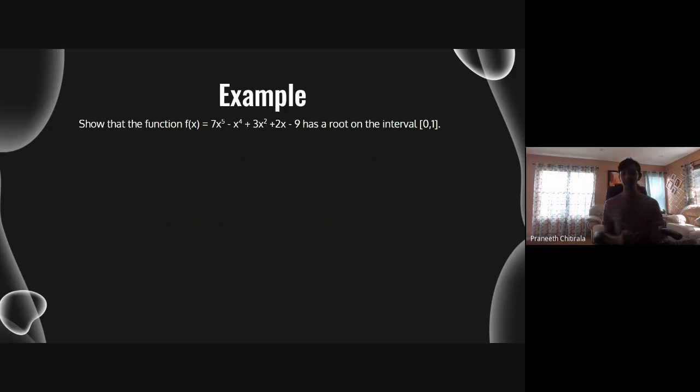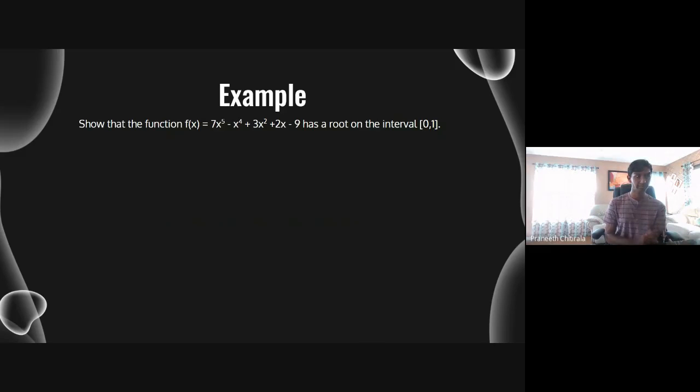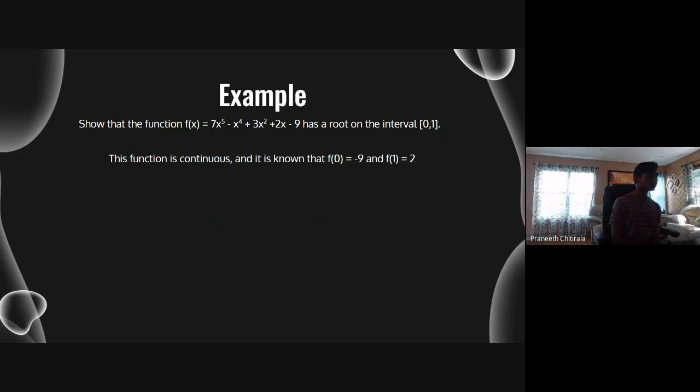Now you can also use it to find whether a function has a root on an interval. So we're going to show that the function f of x has a root on the interval 0, 1, between 0 and 1. Just to recap, a root is an x value where f of x equals 0.